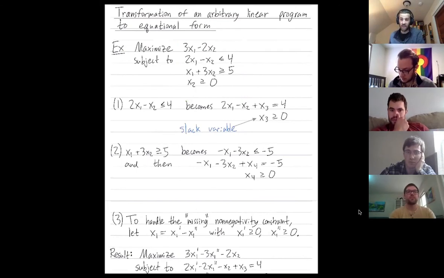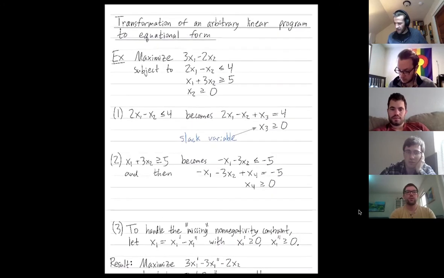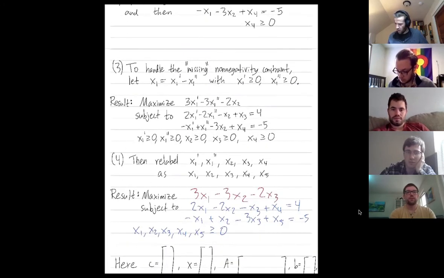Okay, so we've added a lot of variables. We've gone from 2 variables up to 5. But we've put our linear program into this very particular equational form where all of our constraints are equalities and all of our variables are non-negative.